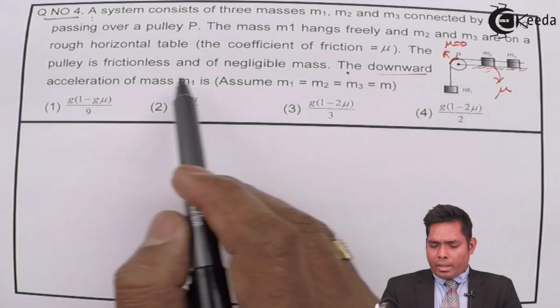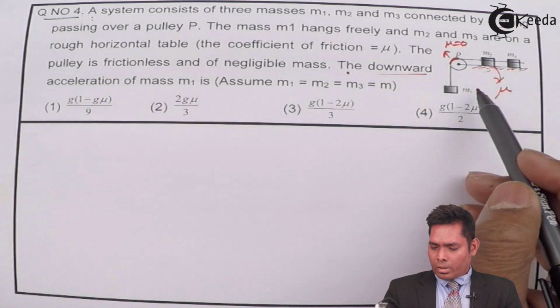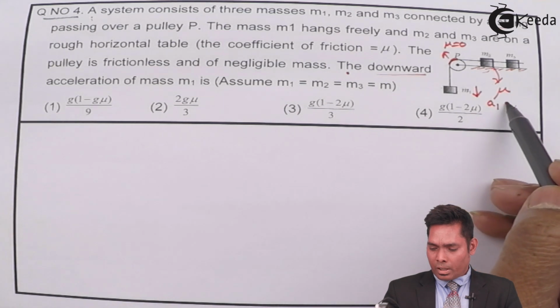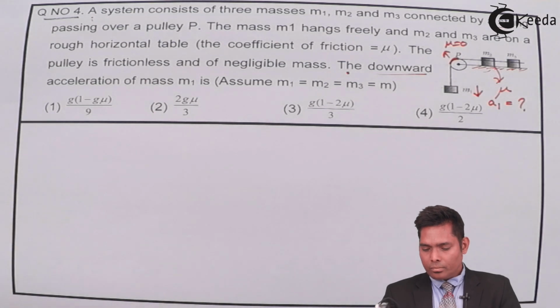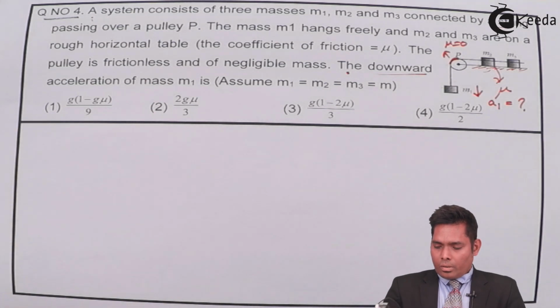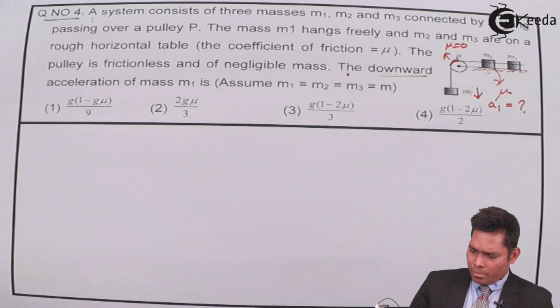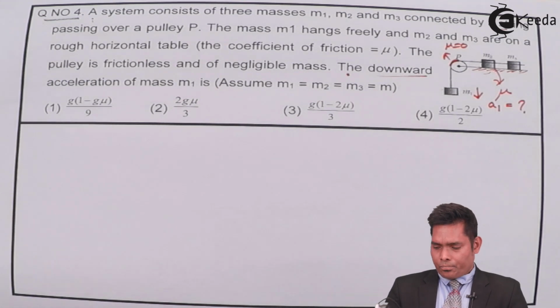The downward acceleration of mass M1. What is the downward acceleration of mass M1? Suppose that is A1, and what is that answer? Now, if I solve this, there might be a simple shortcut method.